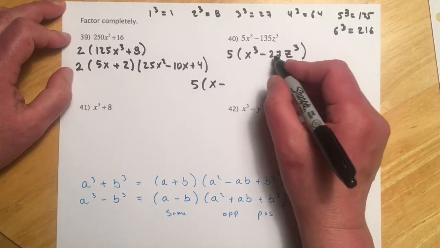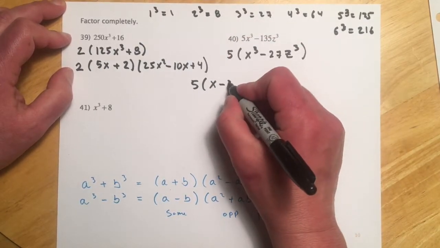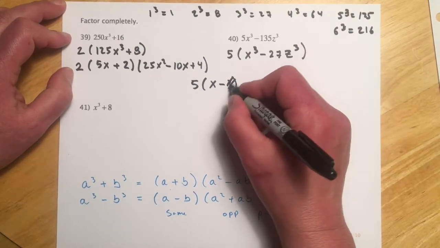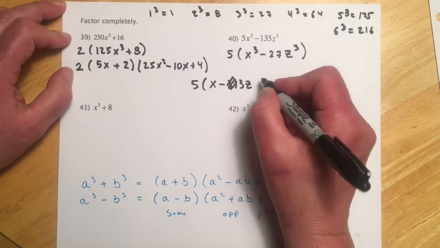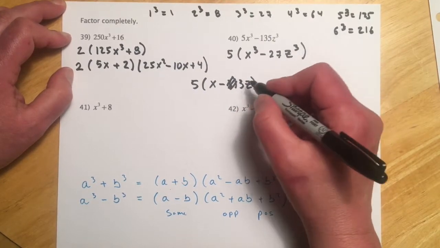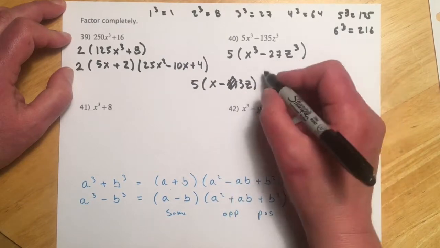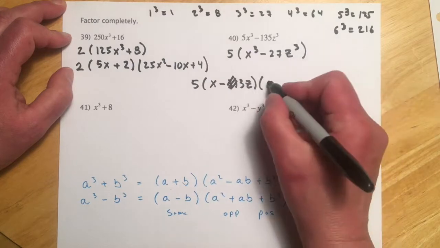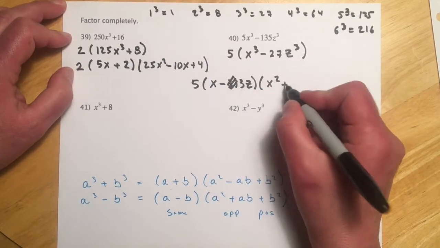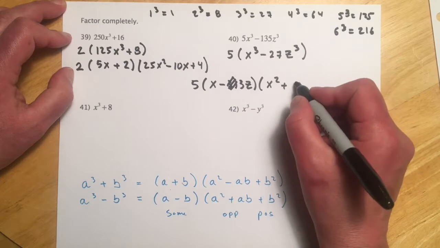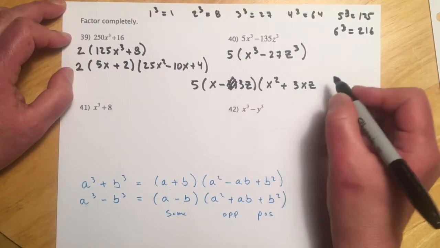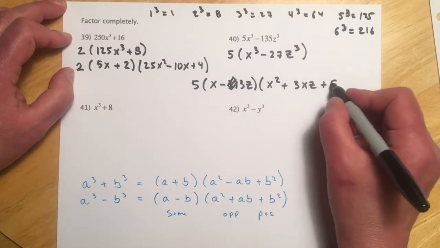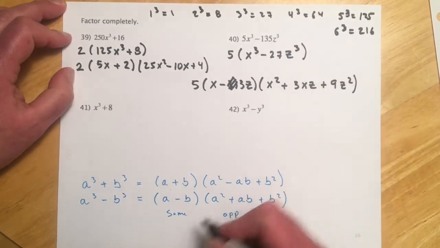The first sign always matches. 27 breaks down to 3, so 3z right here, because 3z gets me back to 27z cubed. Then we just use this to fill in the rest. x times x is x squared, and opposite sign, x times 3z is 3xz, and the last sign is always positive, and 3z times 3z is 9z squared.